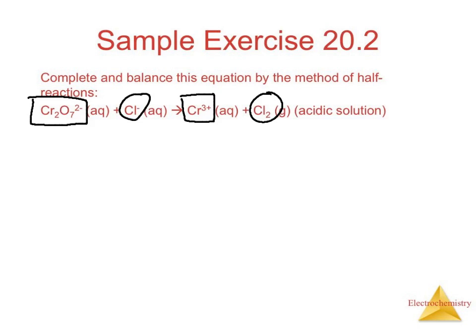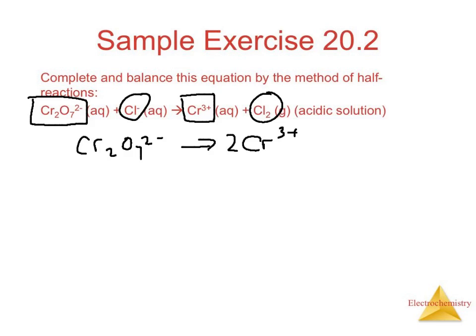So I'm just going to start with the Cr2O7 2- going to Cr3+. So first thing we need to do is balance our chromiums. That's important. It's an easy step to forget, but there's 2 on the left side, so we need to put a 2 here to balance that. The next thing we need to do is balance our oxygens.